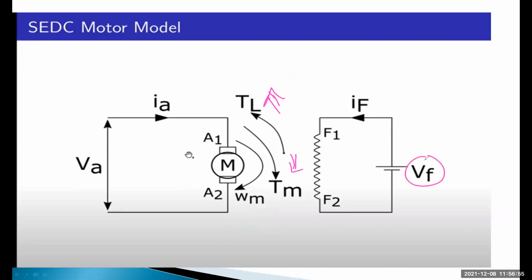This is called field excitation. So this is about the simple block diagram and the design diagram of this separately excited DC motor.